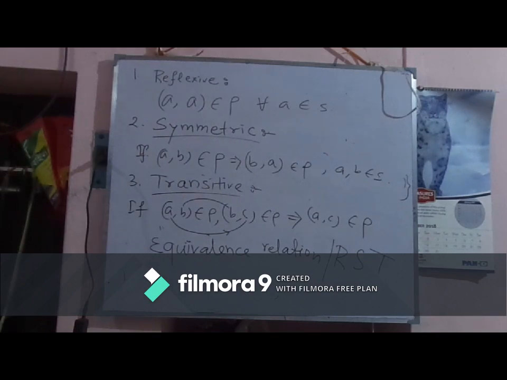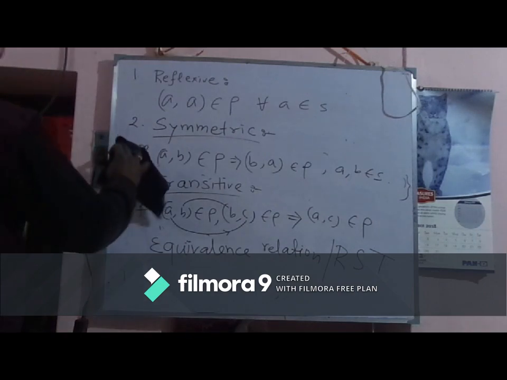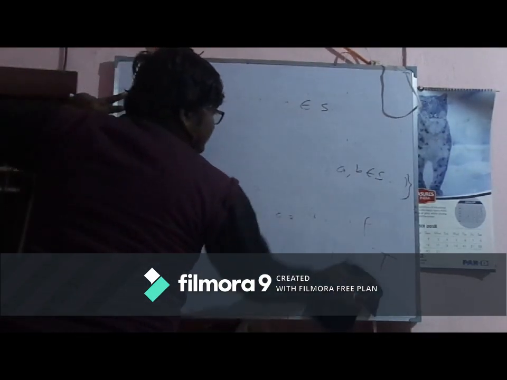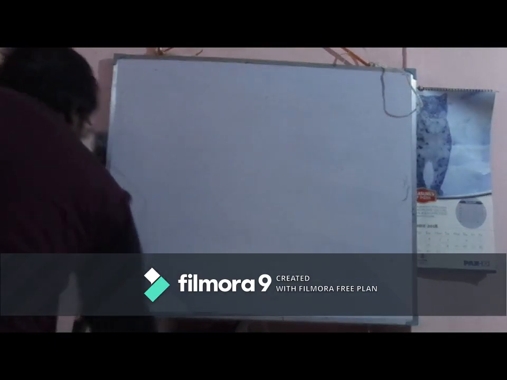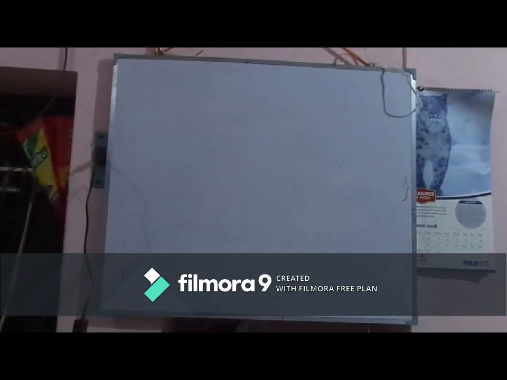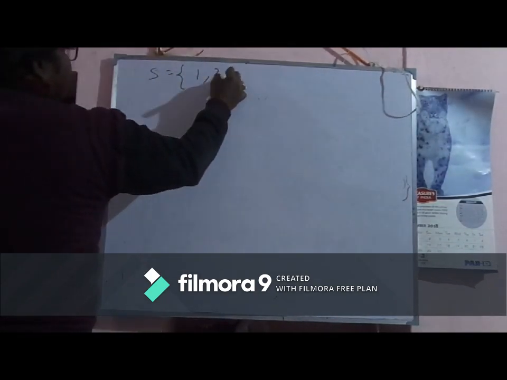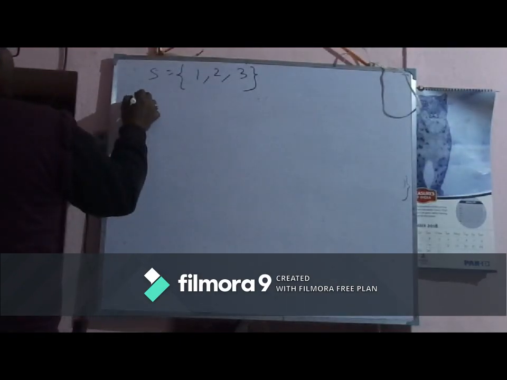Now, I give some examples to understand the results. Here I write down some examples. The set A is equal to {1, 2, 3}.